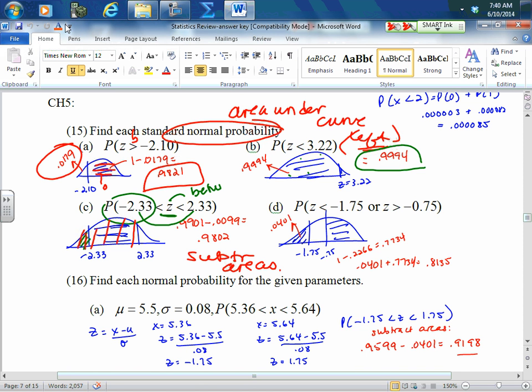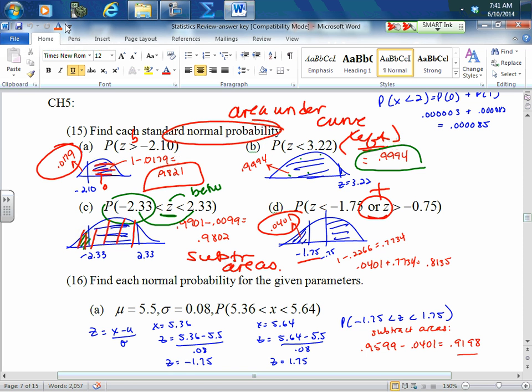And D is an OR. And an OR says you're going to add them. If they're mutually exclusive, meaning they can only be one or the other, in this case, yes, it can only be this way or this way. There's no overlap. You find both your z-scores and you add them. What's unique here is this z-score of negative 1.75 is to the left.